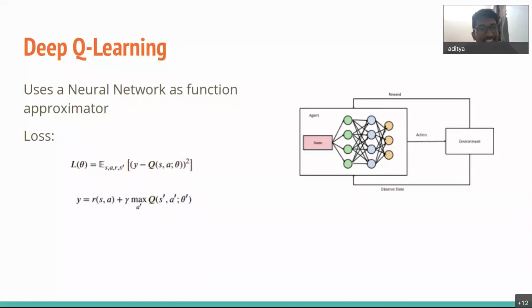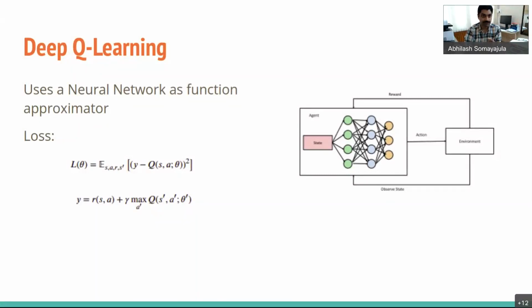The action that it has taken right now to go from S to S prime, and the reward which it has got, is that matching with the expected value the network should have output? If the network had converged, then these values should be exactly the same.